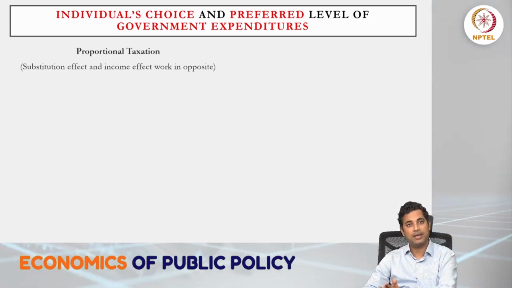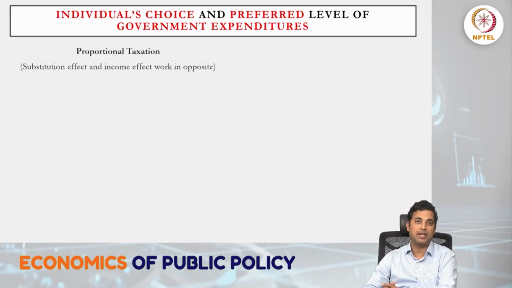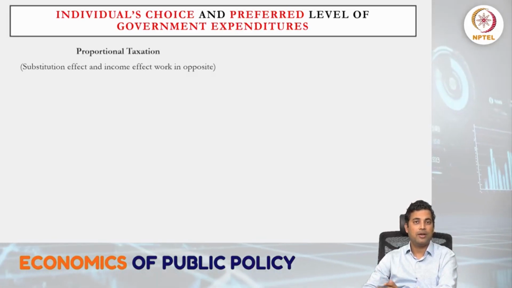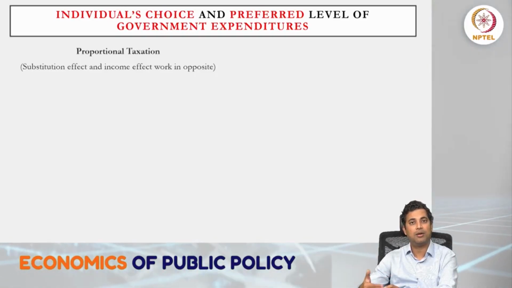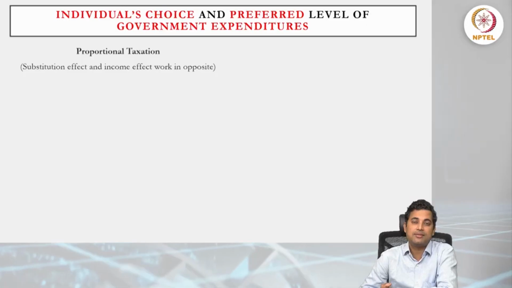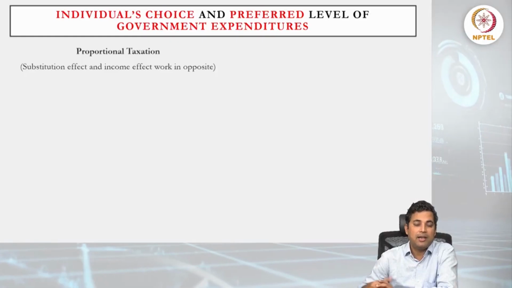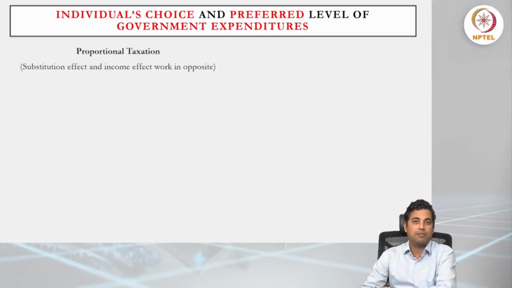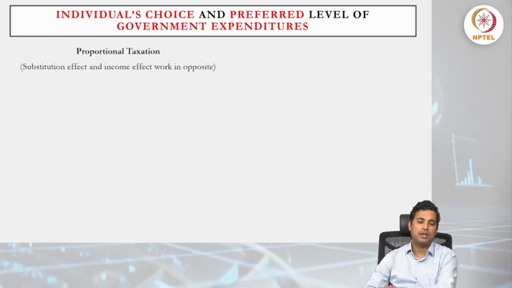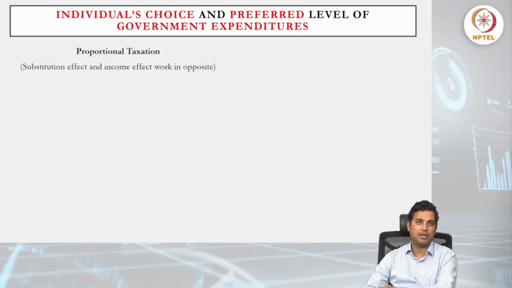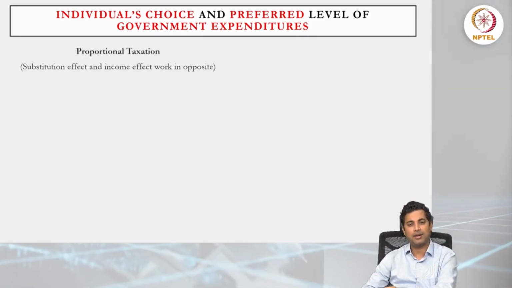Income effect is when I consume more of a certain commodity as my income increases, that is, when consuming a commodity has a relation with income. If consumption of a commodity increases as income increases, it is a normal good, such as consumer durable goods or luxury goods.